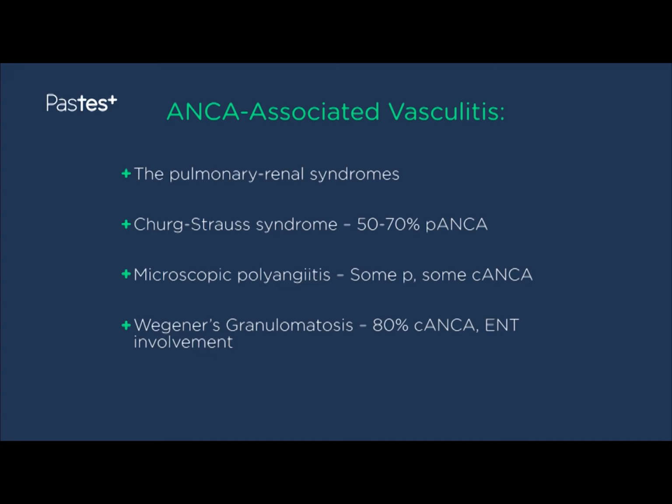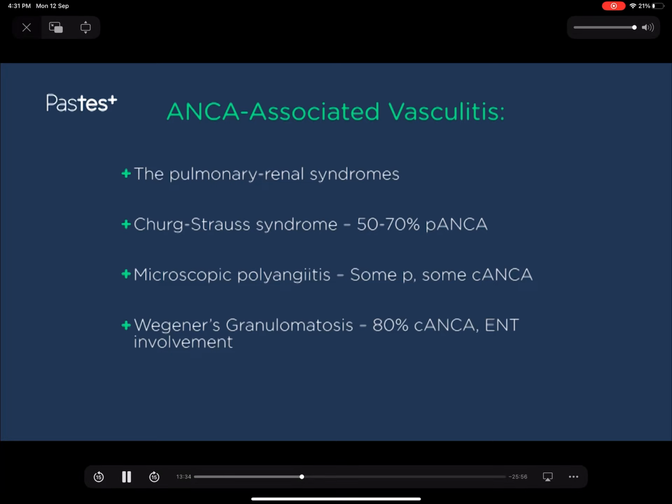The ones that are classically ANCA-associated are these three here: Churg-Strauss, microscopic polyangiitis, and Wegener's granulomatosis. These describe clinical syndromes that are all different, but the initial investigations and treatment are along a very similar line. So I would use the phrase ANCA-associated vasculitis as a sort of lumping term for vasculitis.